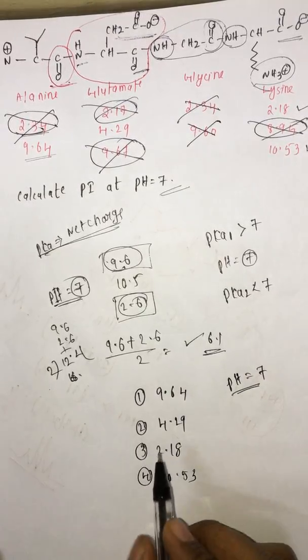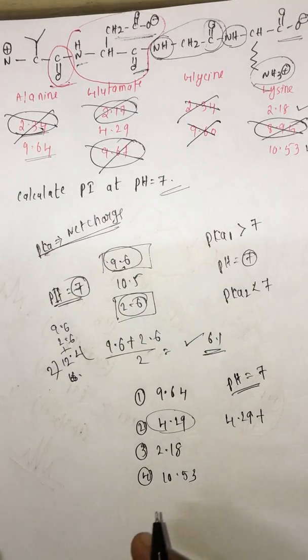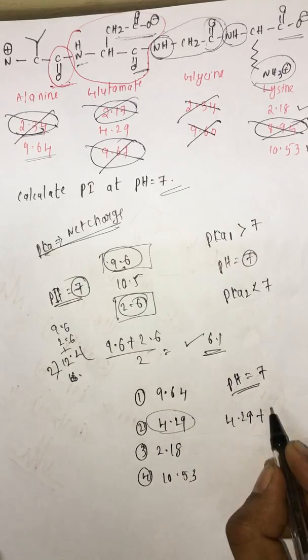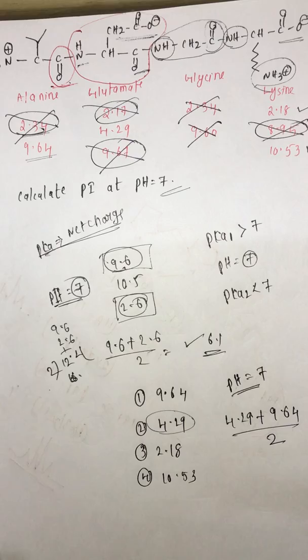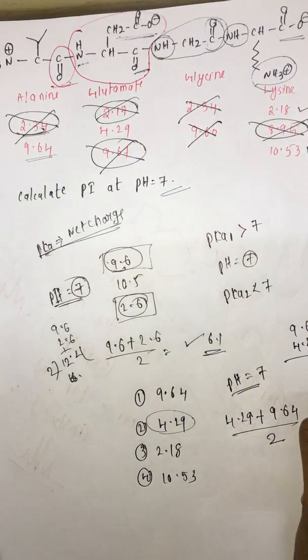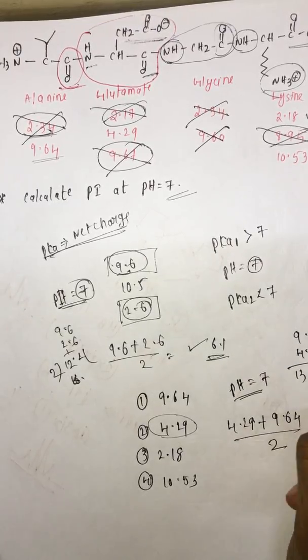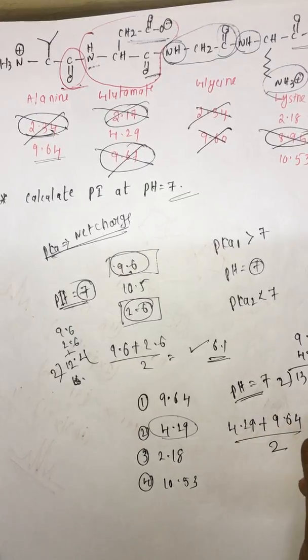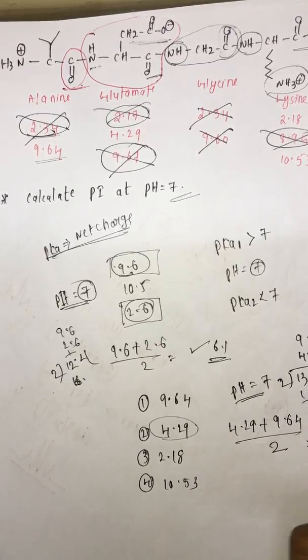Less than 7 is 4.29, plus the value which is higher than 7, 9.64, divided by 2. The answer will come out around 6.96.